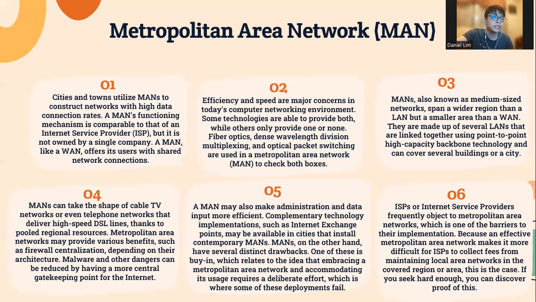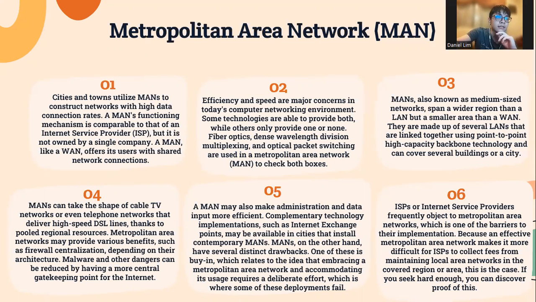The third point is about the network with neutral distance in the metropolitan area network. How is it neutral distance? It means that it does not have a wide distance, but has a narrow distance several times larger than a LAN.